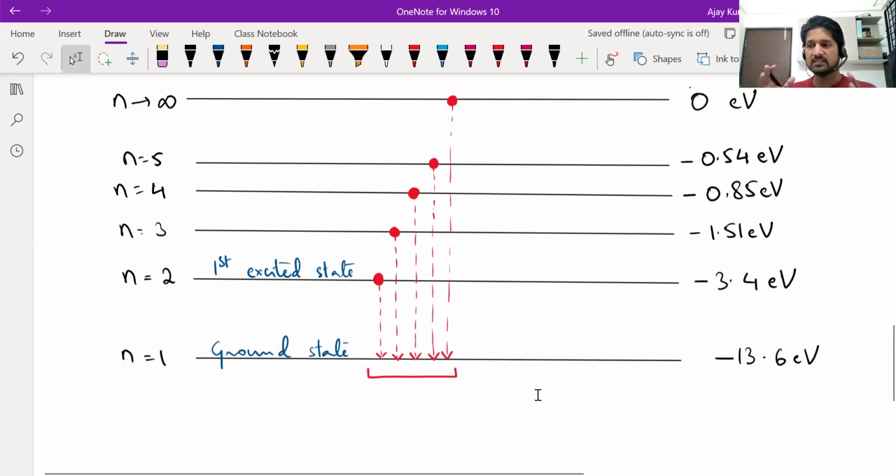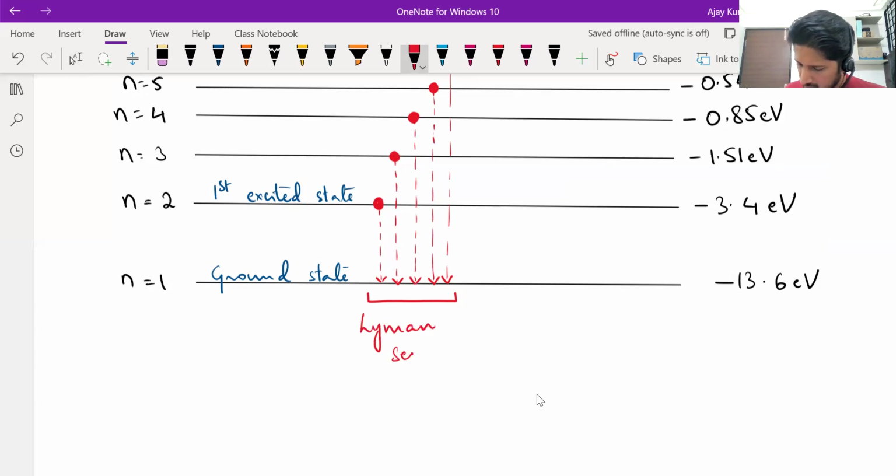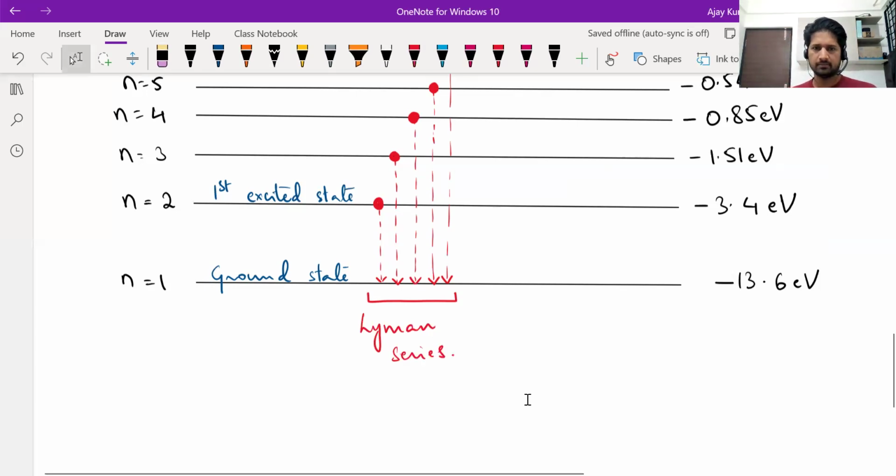Now, this set of wavelengths, which can be emitted when an electron jumps from any higher orbit directly to the ground state, is called the Lyman series of wavelengths. And we are talking about the hydrogen atom.